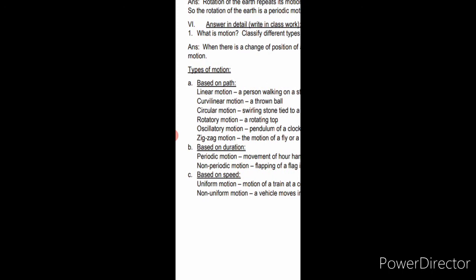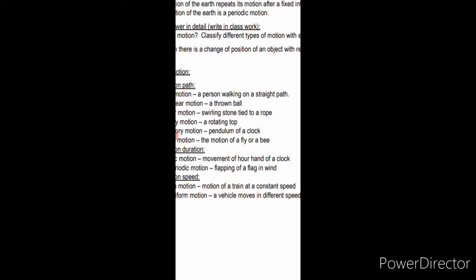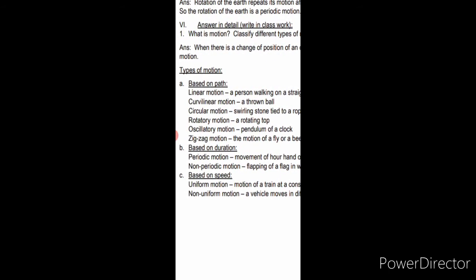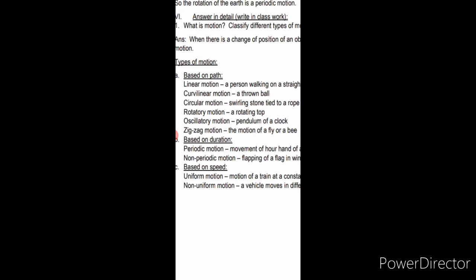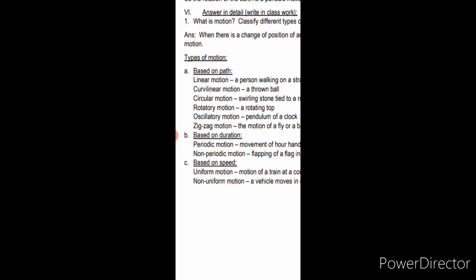Based on path, there is linear motion. Example, a person walking on a straight path. Curvilinear motion, a thrown ball. Circular motion, swirling stone tied on a rope. Rotatory motion, example, a rotating top.